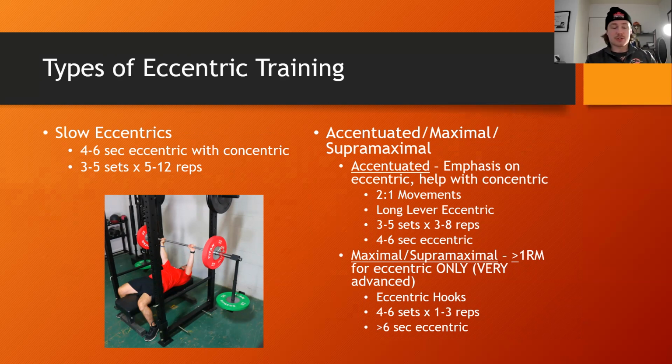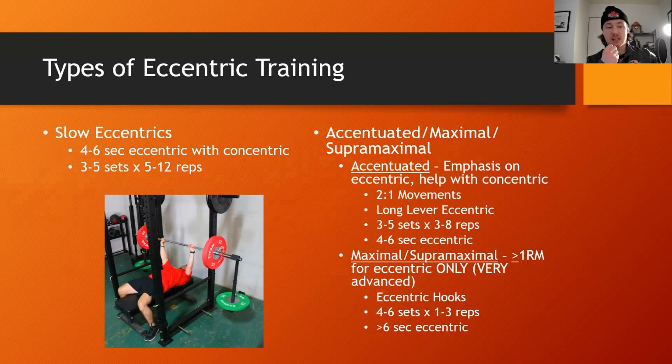Now, a couple others, these are, say, more advanced techniques. The first one being accentuated eccentric. So this is essentially where you're emphasizing the eccentric with, let's say, help or no concentric. One of my favorite movements, or there are two techniques I like to use for this, are 2-in-1 movements. So you perform the concentric with 2 limbs and you perform the eccentric with 1.